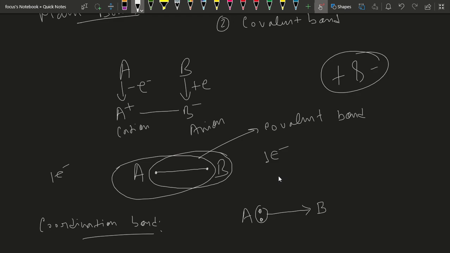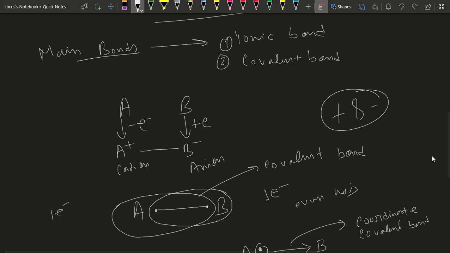It can be more than one pair, but it should come in pairs, that is in even numbers. In this case, A is donating a pair of electrons to B. This type of bond is called coordinate covalent bond, or simply coordinate bond.